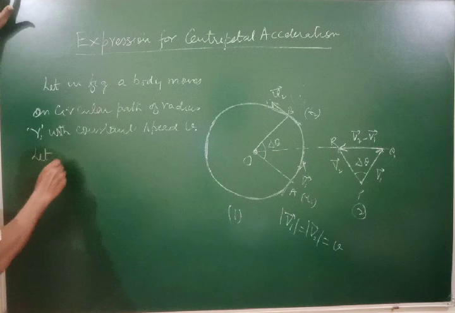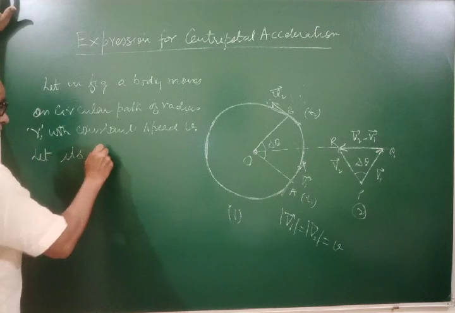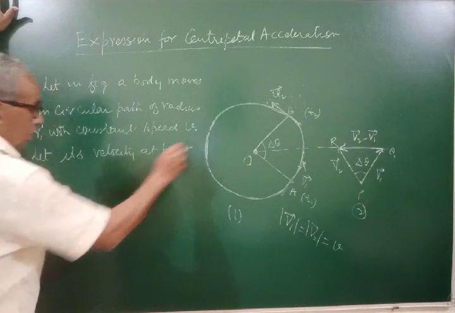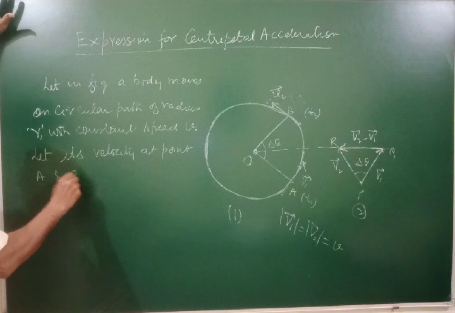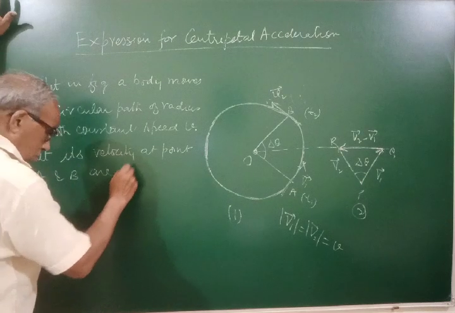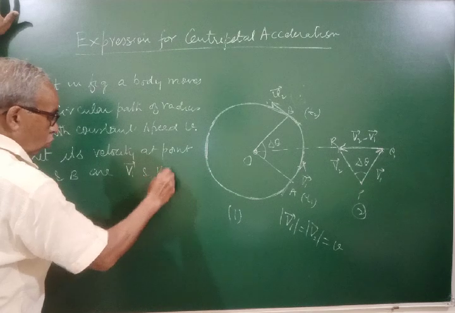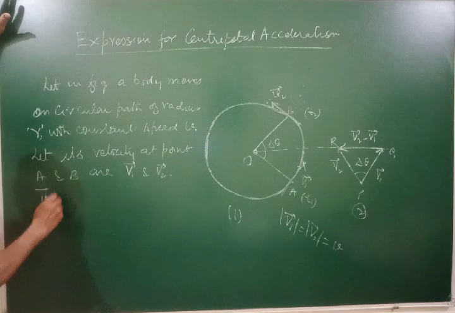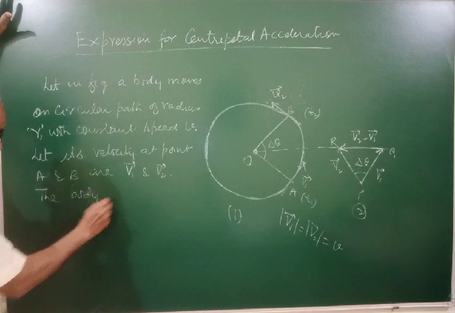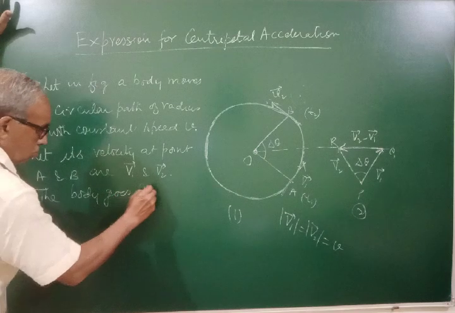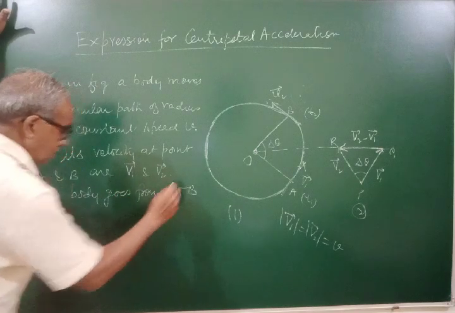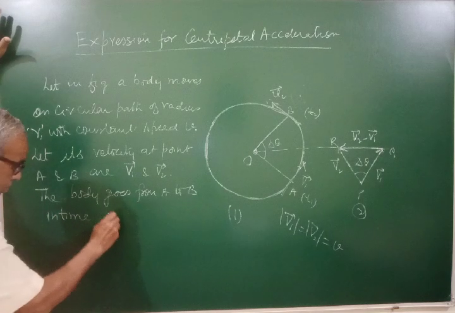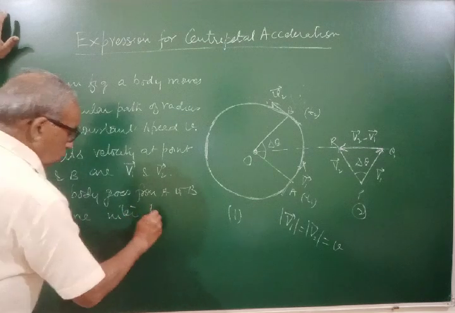Let its velocities at points A and B be v1 and v2. The body goes from A to B in time interval t2 minus t1.